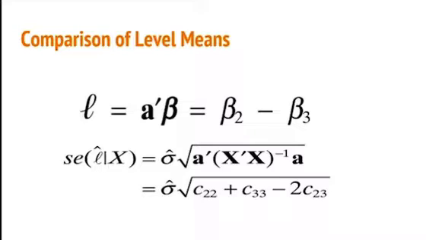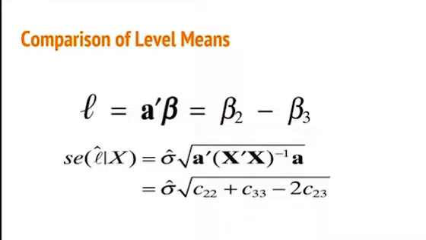Our L hat is beta 2 minus beta 3. Now, what is the variance of L? It's the variance of beta 2 minus beta 3.